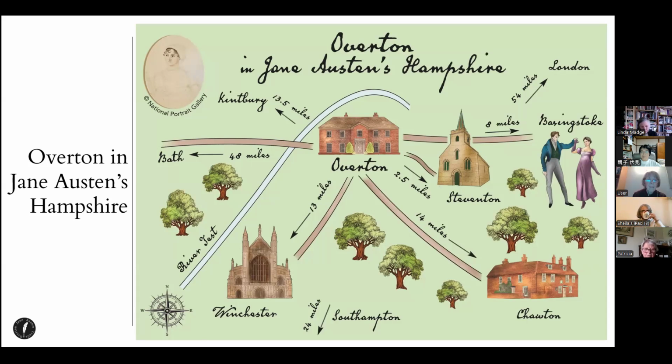These villages were significant in shaping her formative years. And yet, they're often overshadowed by more famous Austen locations like Bath, Winchester and Chawton. And Overton, in particular, has slipped off the Jane Austen map.